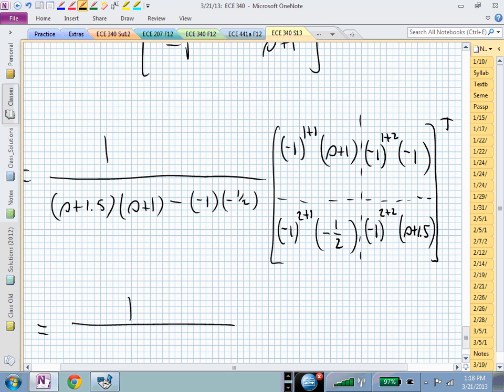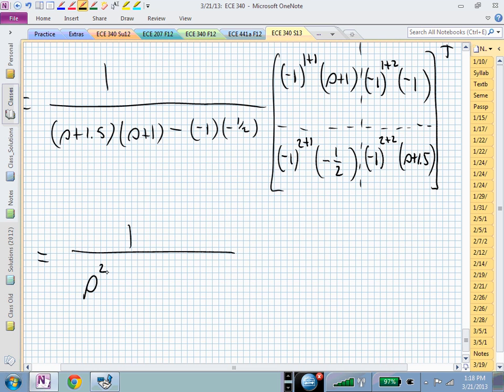What's that? -1/2. So I end up with s squared plus 2.5s plus 1, if my memory is working. So I have s squared plus 2.5s plus 1. That's what simplifies in the denominator.